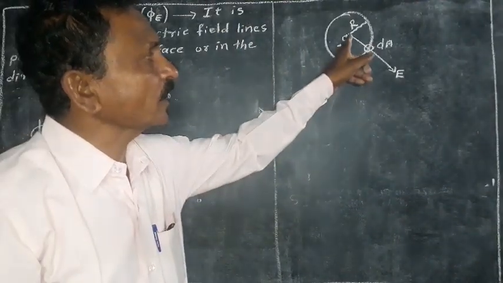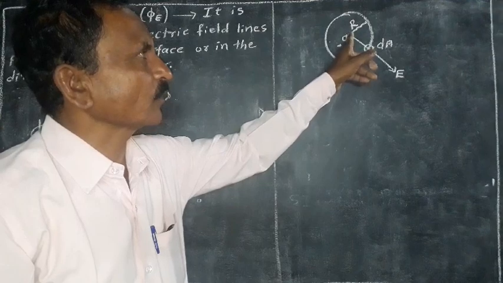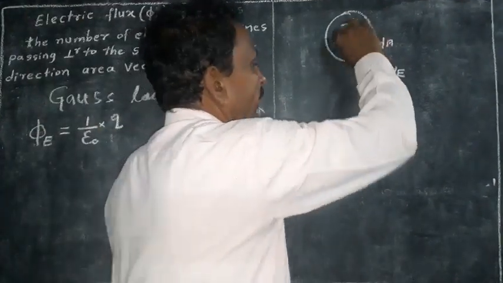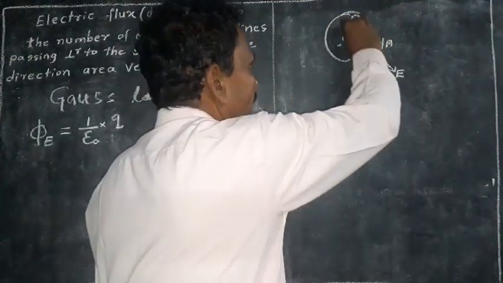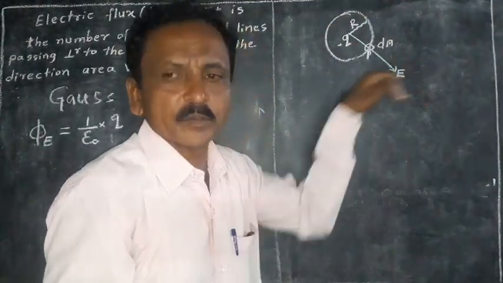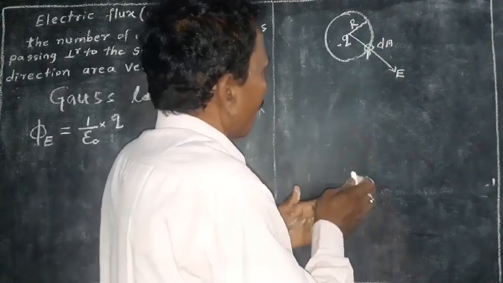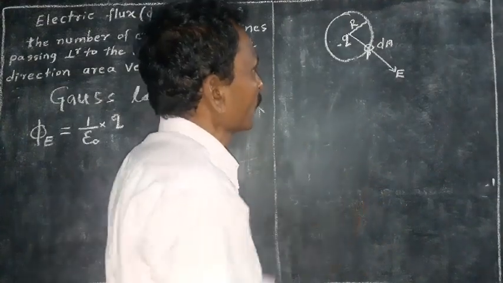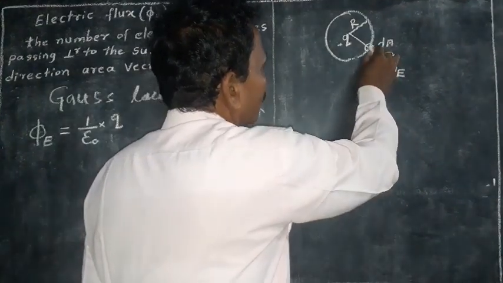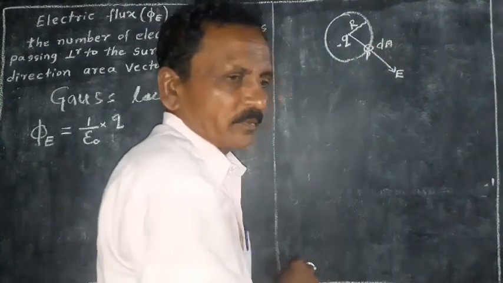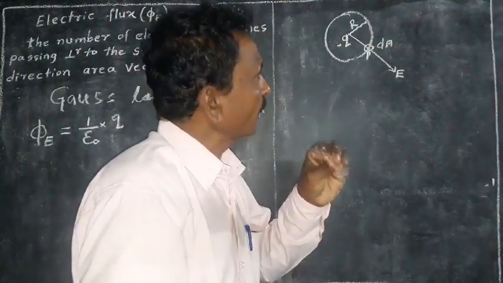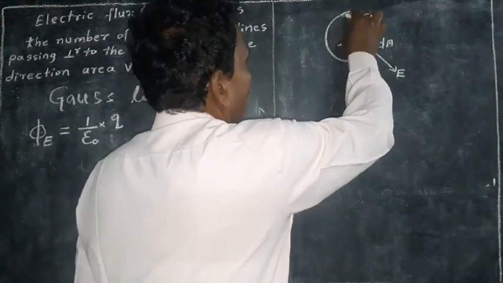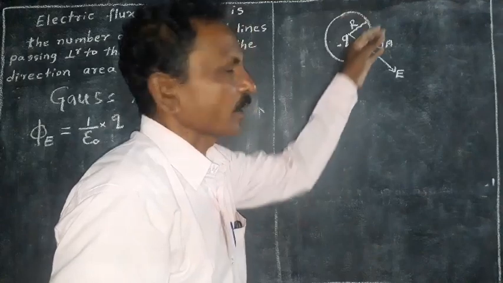Because electric field lines always originate from positive charge, and for an isolated charge they are straight lines away from the charge. Here the electric field area vector is also perpendicular to the surface dA, and perpendicular at any point for a curved surface or for a sphere.